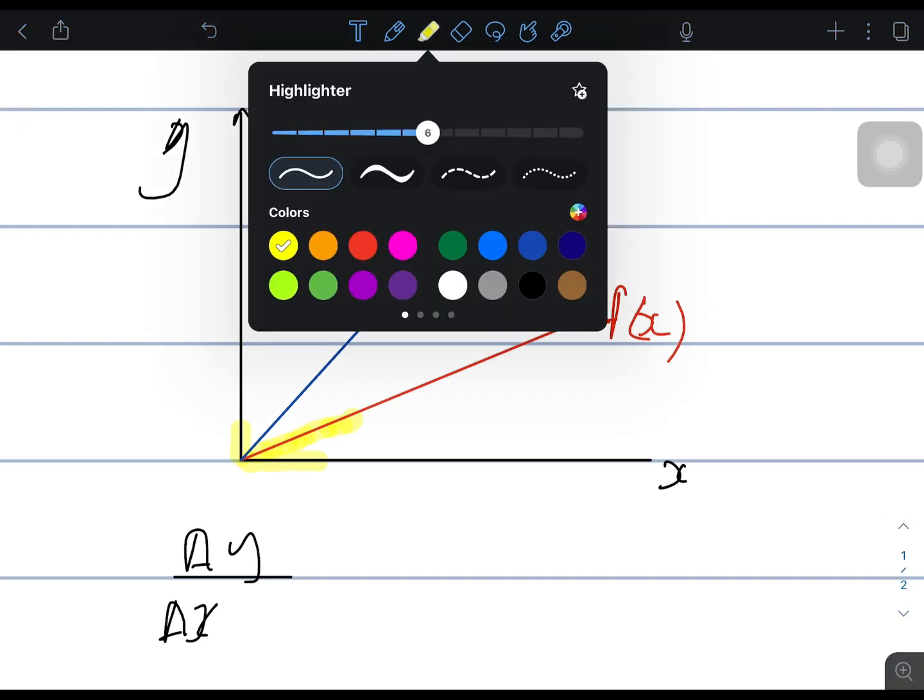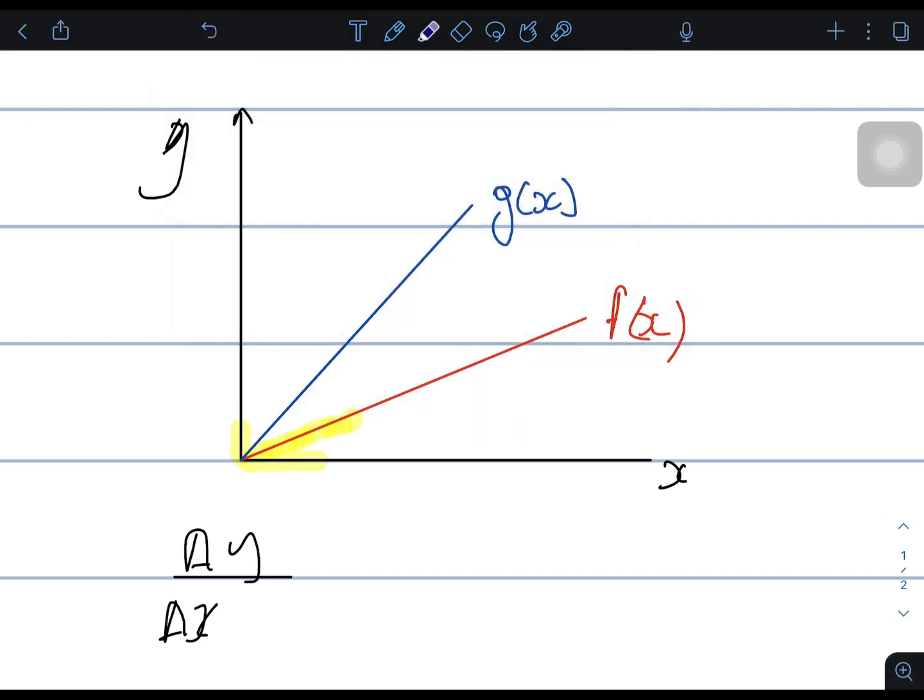But if you look at the second graph, as X changes by a certain amount, there is a large amount of change in Y. Hence, we usually say that g of x has a higher gradient than f of x. Basically, guys, this reveals something.